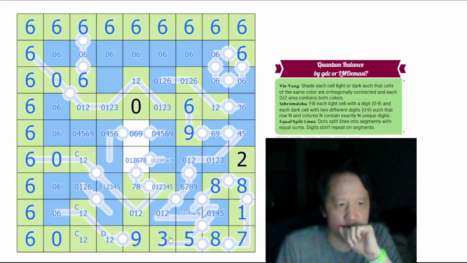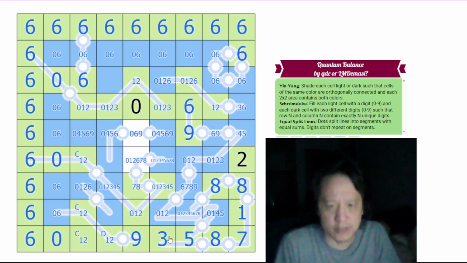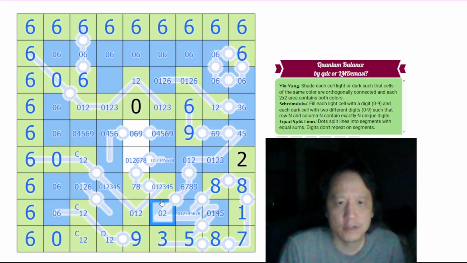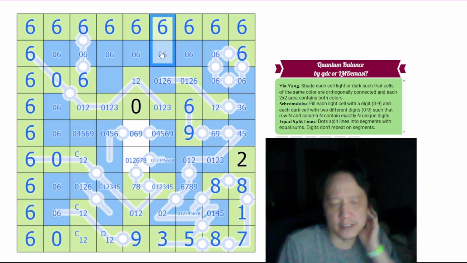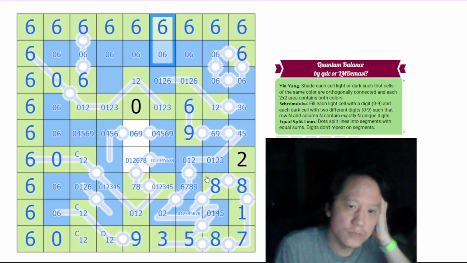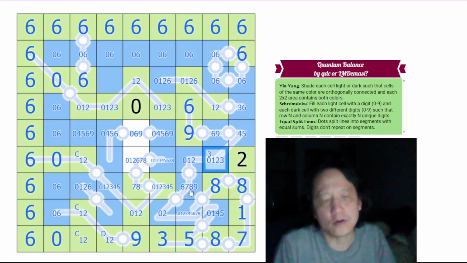This must add up to 2. So it has to be 0 and 2 here. It can't be any other combination. So this is 0 and 2. We have a 3. We have 0 and 2, 3, and 6 guaranteed here. So this has to be a 3 here.